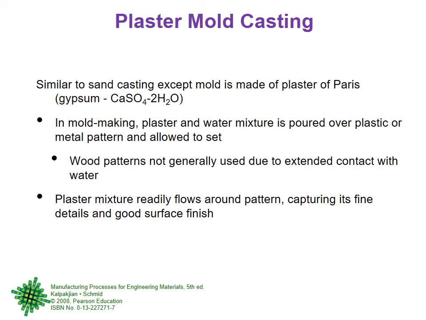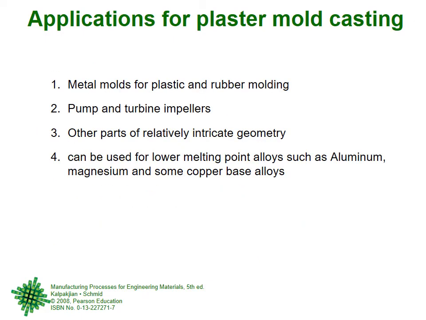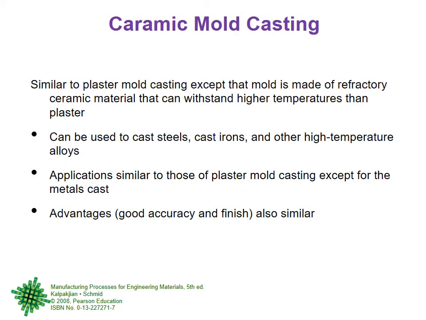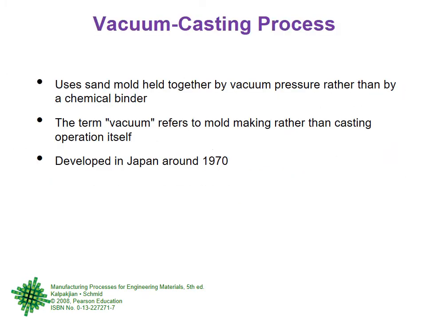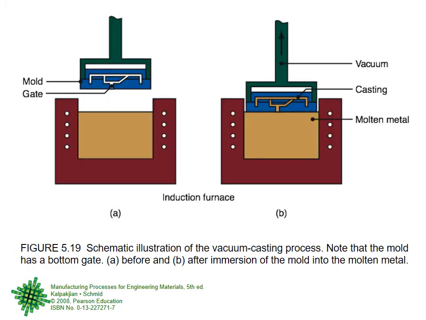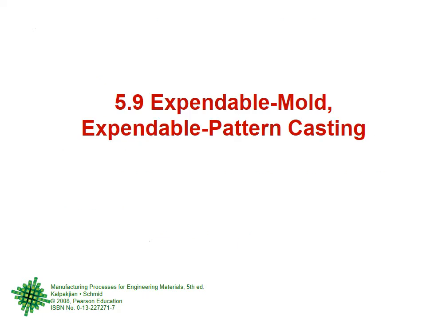Then plaster mold casting, its advantages and disadvantages, applications for this method. Ceramic mold casting, its mold. Then the vacuum casting, its figures, its advantages and disadvantages. So this covered the expandable mold permanent pattern.